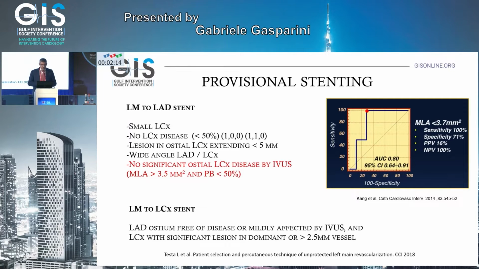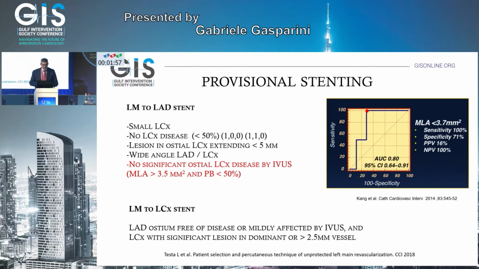But the most important aspect is the IVUS run. So if I have no significant ostial circ disease by IVUS, it means MLA more than 3.5 millimeters squared and plaque burden less than 50%.